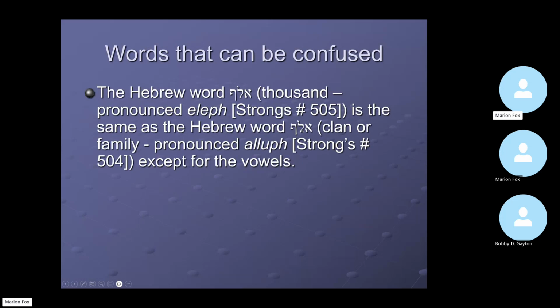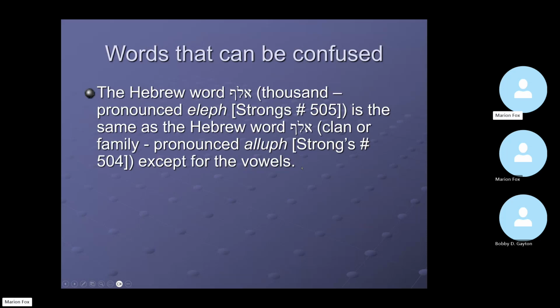And you read from right to left, Aleph, Lamed, Pei. And they're all three the same letters. But when you put different vowel points, vowels with them, it'll make a different word. Aleph, which is the number 1,000, and clan, which is a family, except for the vowels.